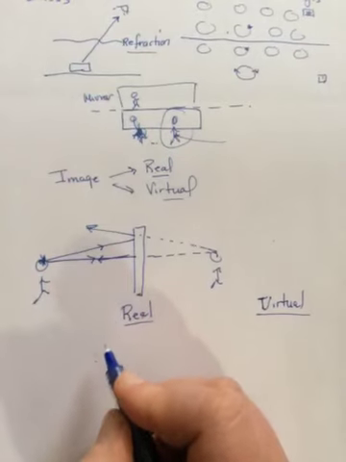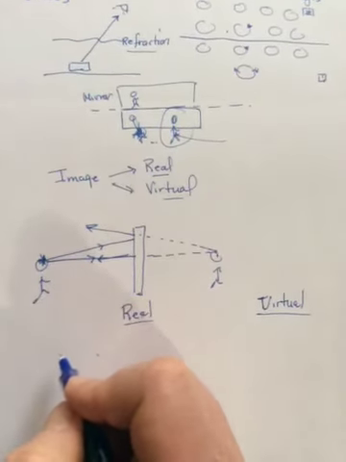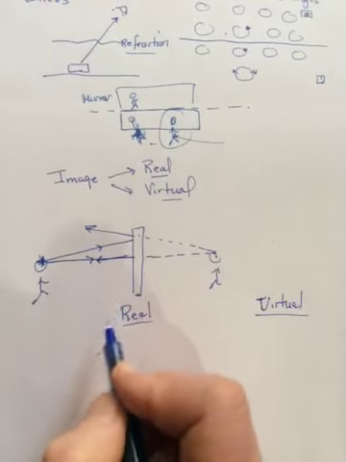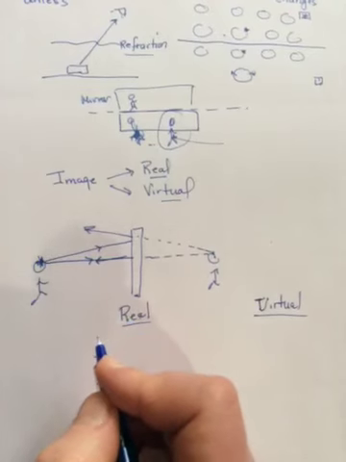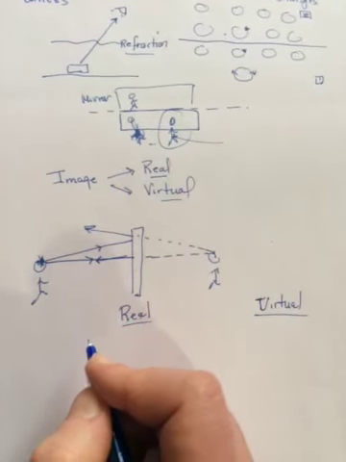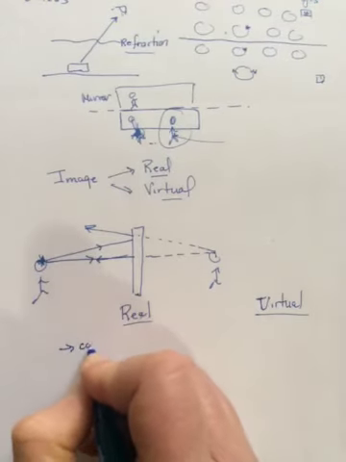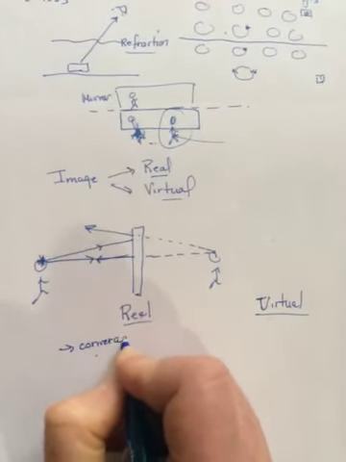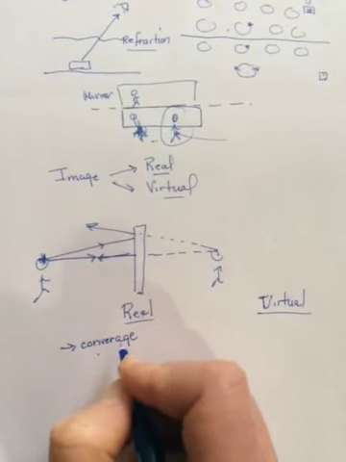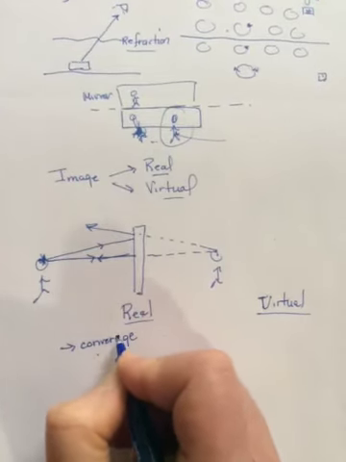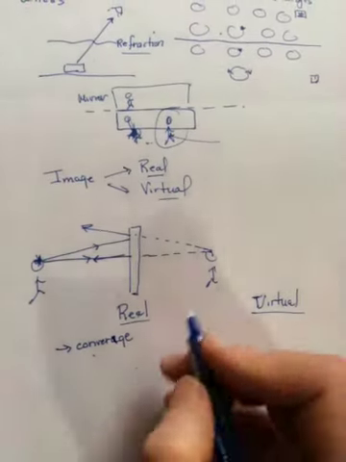Okay, for real images, the light rays from a common point pass through, if it's a lens, or get reflected from an optical device that causes them to converge at a point. Causes them to converge, and there's no A in converge, and intersect at a point.